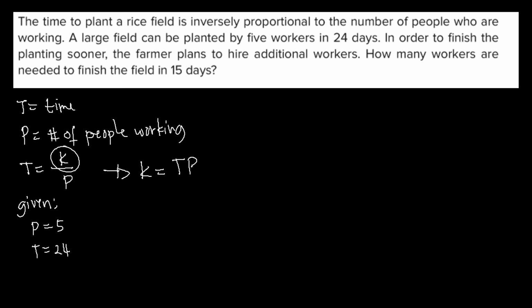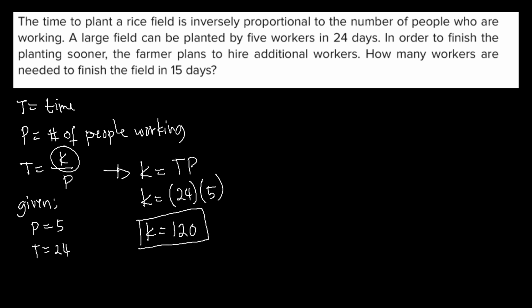Okay, so let's solve. Just substitute the given. K is equals to, what is the value of t? We have 24, and we have the p, which is 5. So k is equals to 24 times 5, which will be 120. So we now have our constant of variation. You can substitute that in our equation. So t is equals to 120 over p.